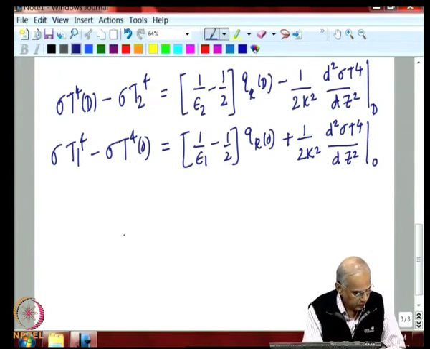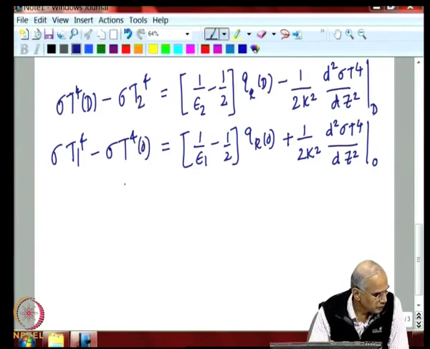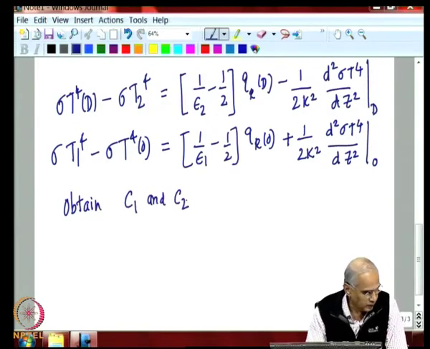Okay. So, when you do that, you will get the following. You have to obtain constants C1 and C2 in terms of the wall temperatures.